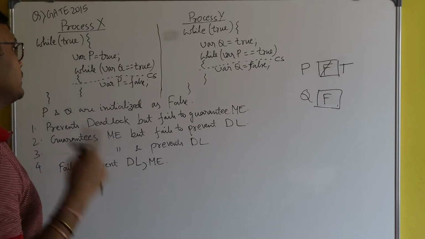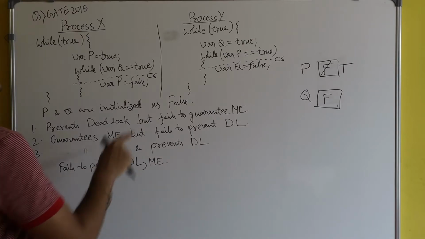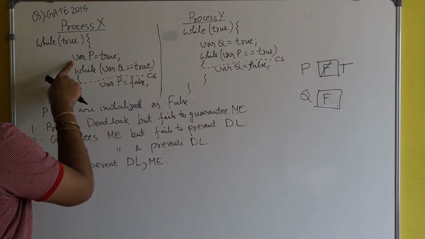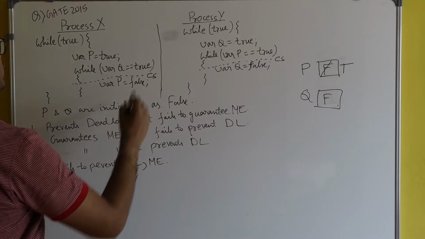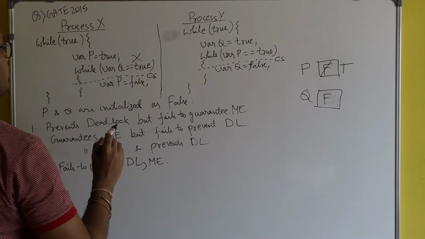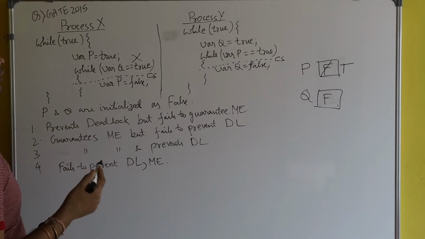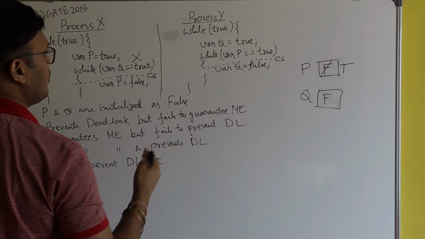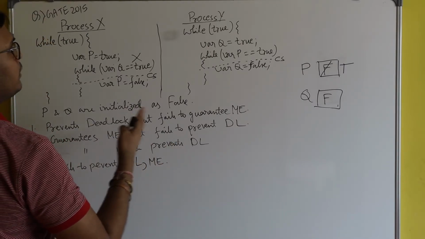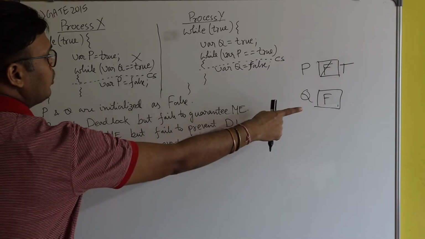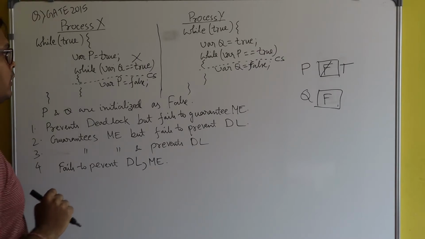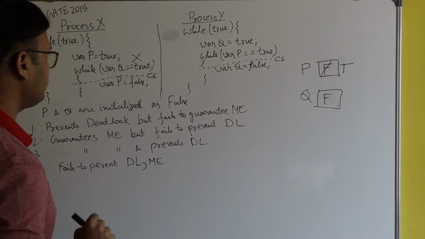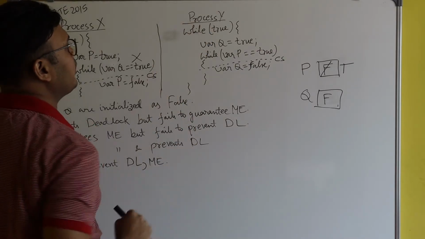Since this condition is false, process X is unable to enter the critical section and remains here, because Q is false.